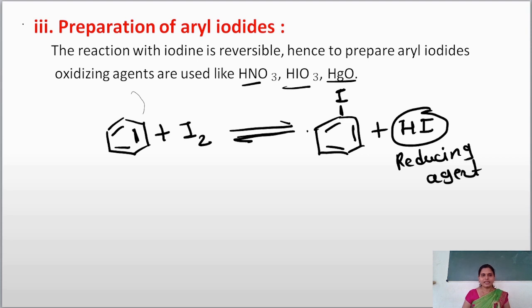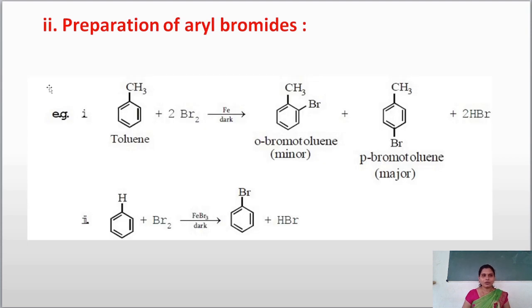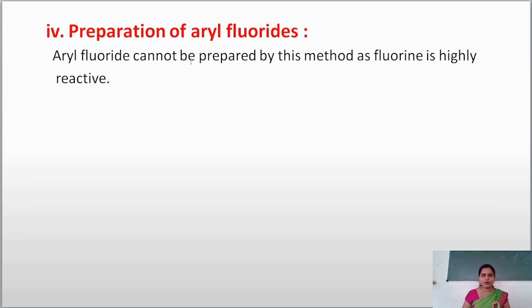In this method we saw three preparations: aryl chloride, aryl bromide and aryl iodide. Aryl fluoride cannot be prepared by this method, as fluorine is highly reactive, so we can't prepare aryl fluorides by electrophilic substitution.